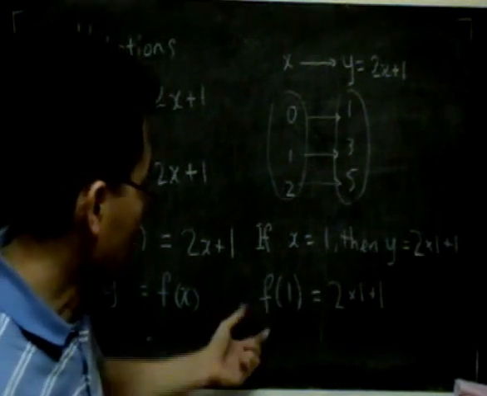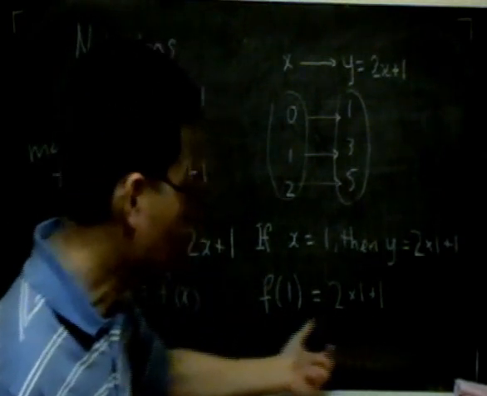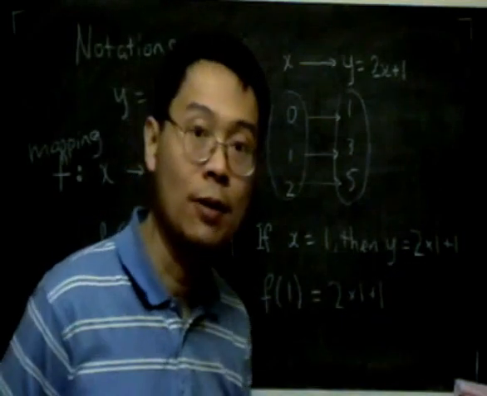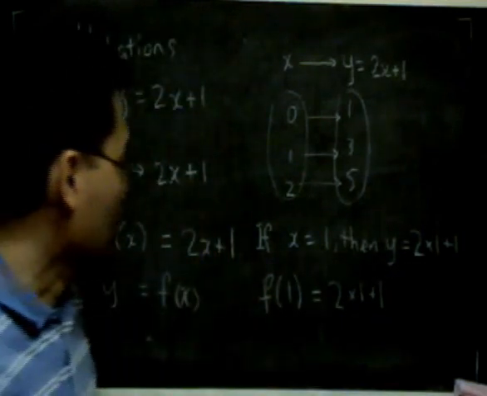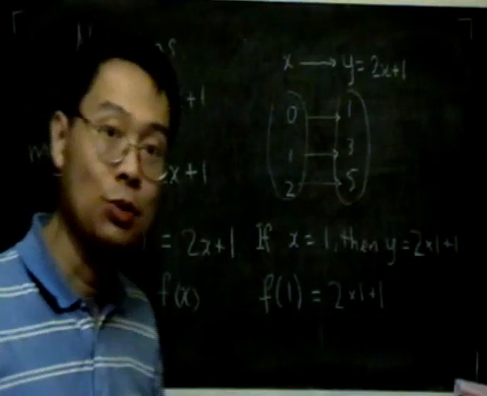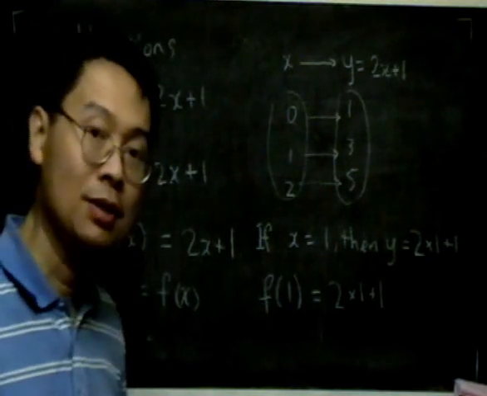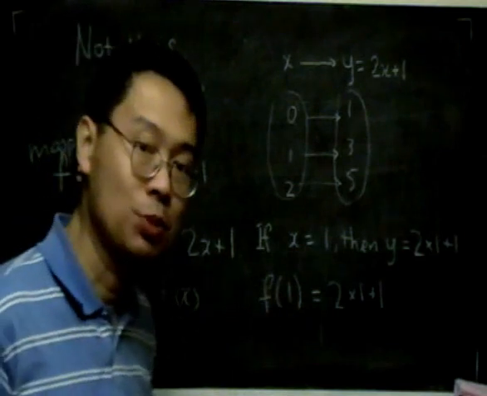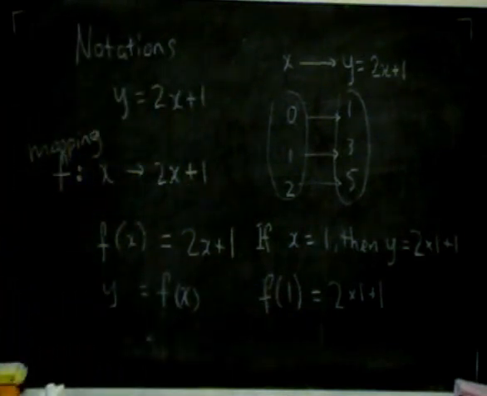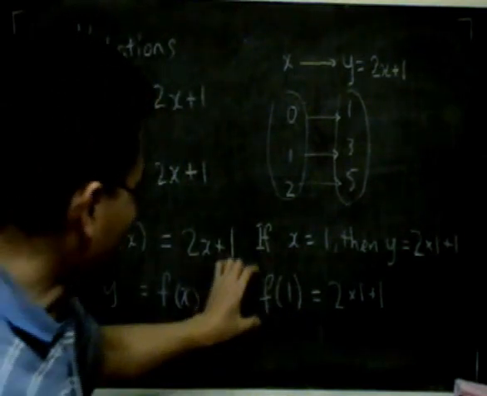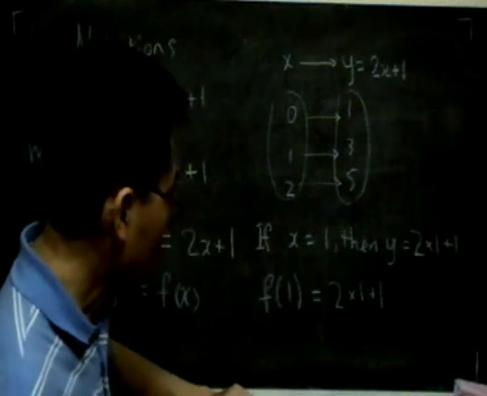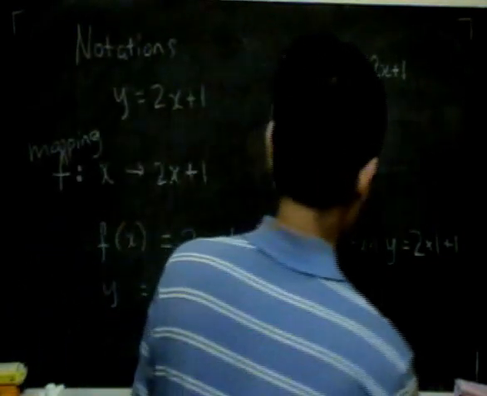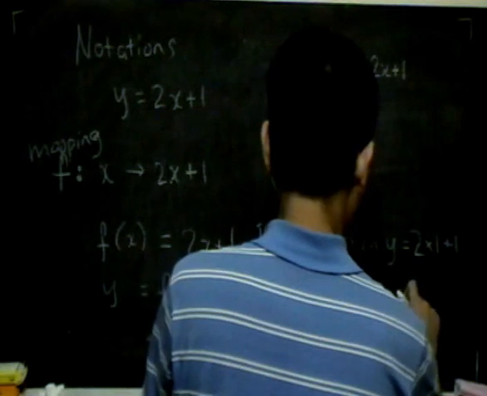But certainly you can see that writing it this way is shorter than writing it this way. But of course you do need to remember the meaning of the notation and how to write this properly. Alright, if you write down f bracket 1, you can now calculate the answer, which is 3.